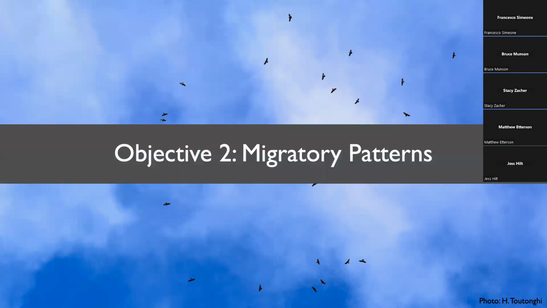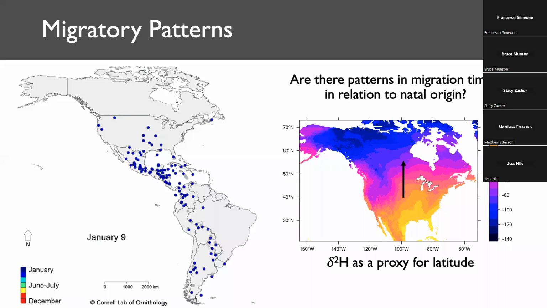Okay, so moving on to the second objective, which was taking those locations that we've now identified and determining whether or not there are migratory patterns within them. Birds can exhibit different strategies, like I already mentioned.